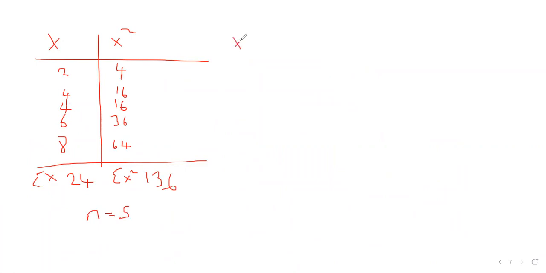Average, yes. Not the middle number, but the average. It's summation of x over n. So 24 divided by 5, what do we get? 4.8.